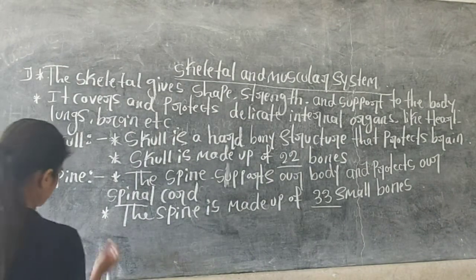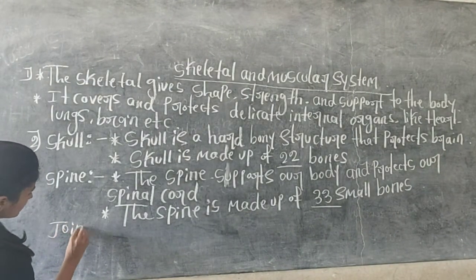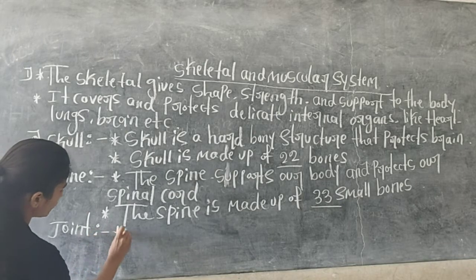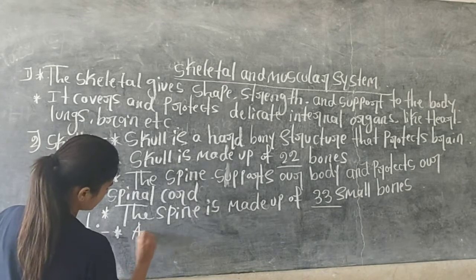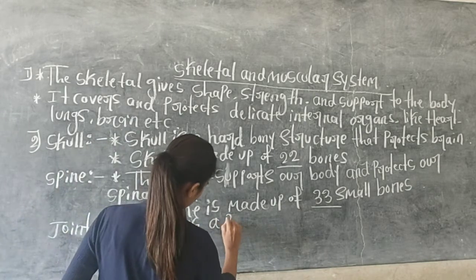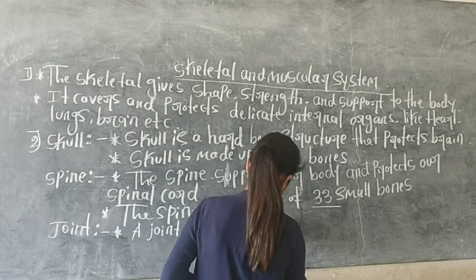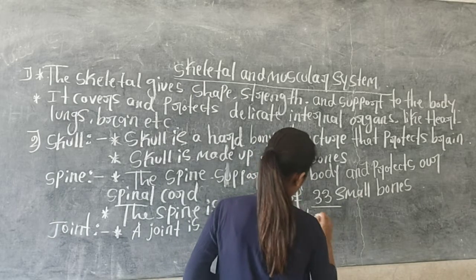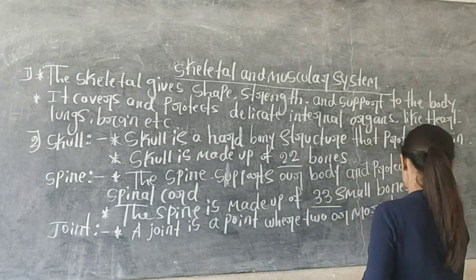After this, the last is the joint. A joint is a point where 2 or more bones meet.